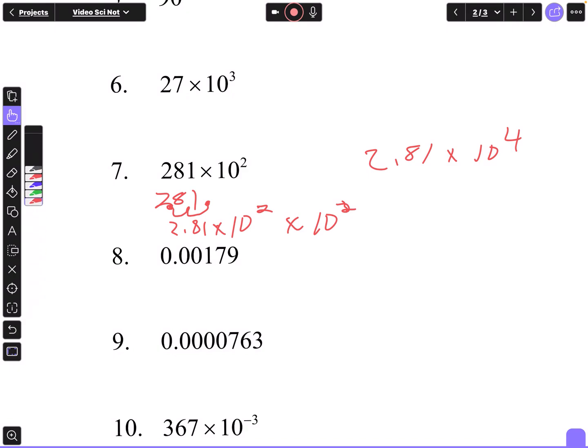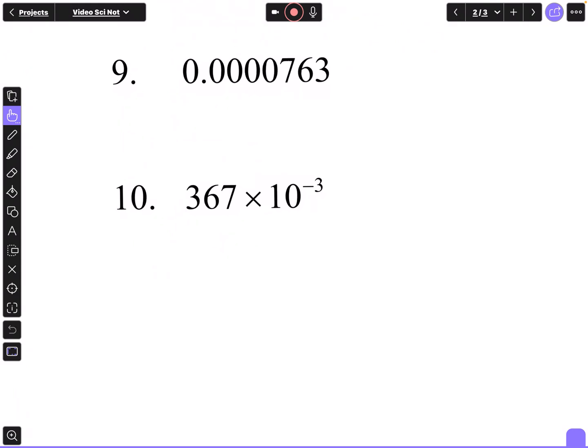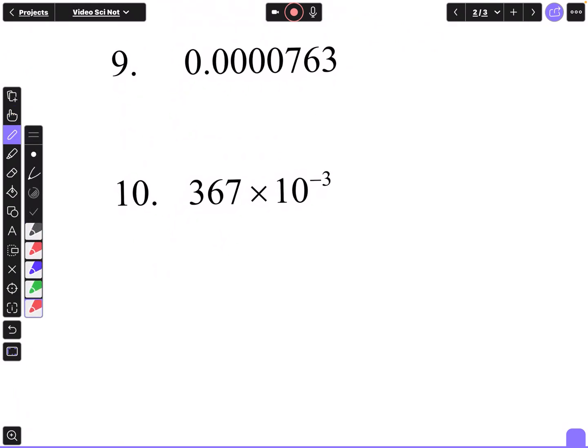Alright, now let's say we looked at one more like that. This bottom one, 3.67 times 10 to the negative third. It's not in correct scientific notation. My decimal would be right there. I have to move it 2 places to the left to get a number between 1 and 10. So that becomes 3.67 times 10, and I moved it to the left, so that'd be the positive 2.